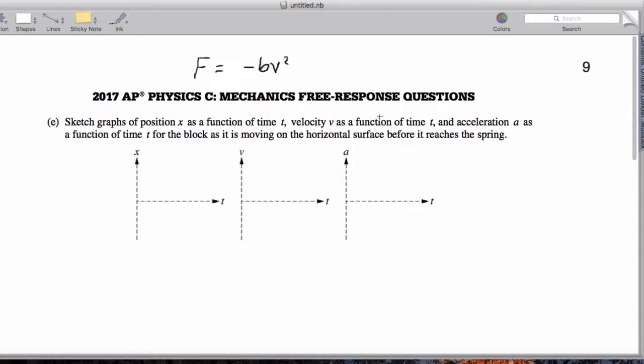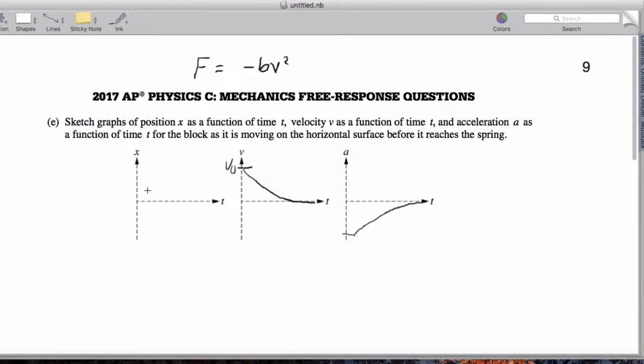And of course, we're always going to have some kind of a terminal velocity in a situation like this. In this case, our terminal velocity is going to be 0 because it will stop. So we have a v naught here, and then our velocity just decays in time and approaches 0. What that tells us about our acceleration is, since it's a negative acceleration that's going against the speed, it will eventually level off.